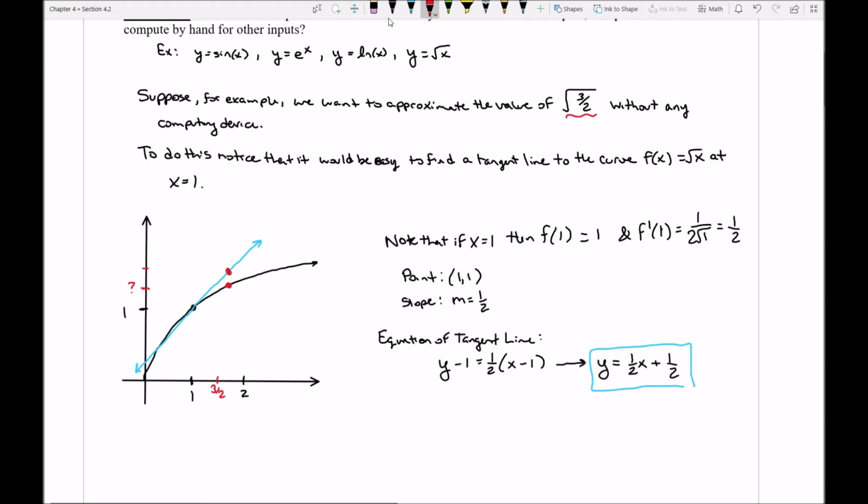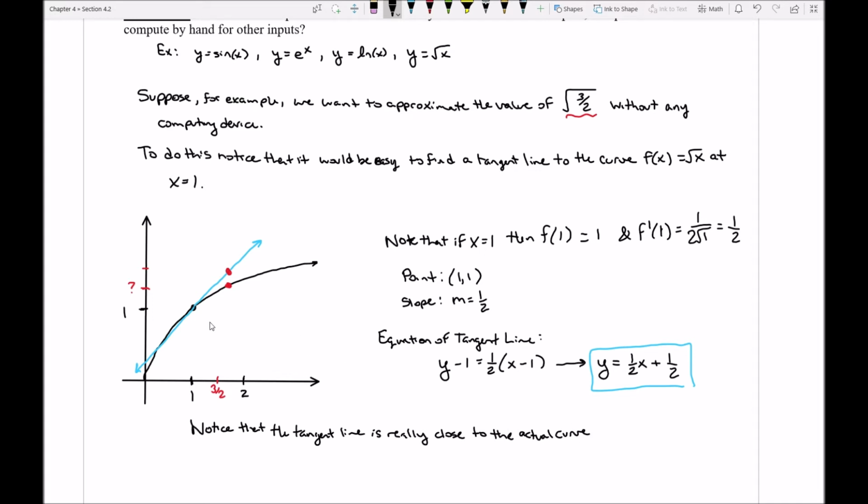I should be able to notice the following. Notice that the tangent line is really close to the actual curve.